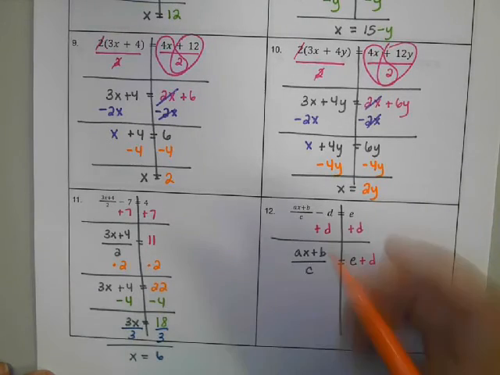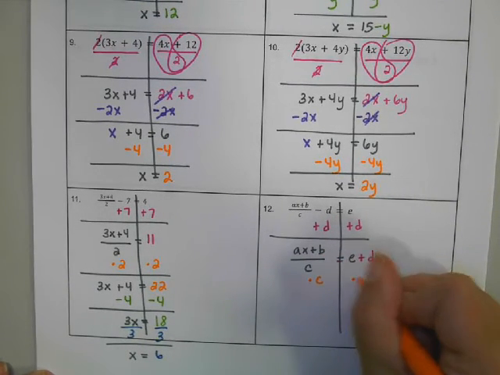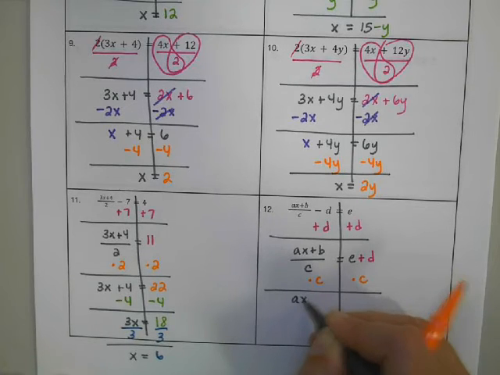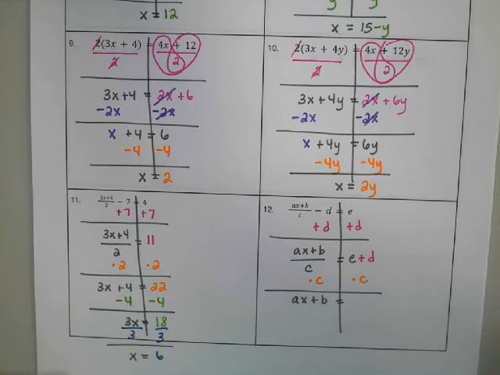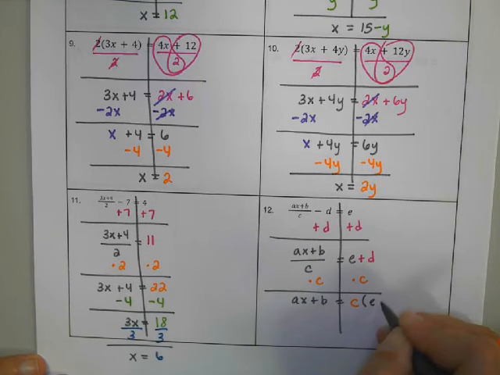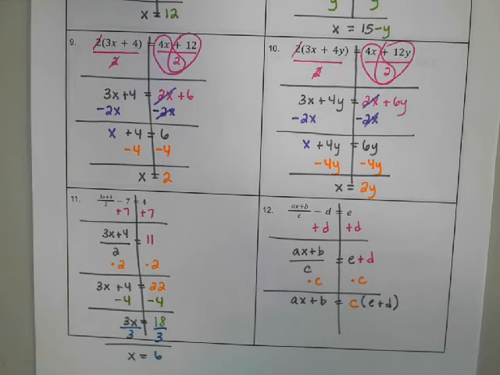So over here, the next step would be to multiply by c. So I'm going to get ax plus b equals, now again, I don't know any of these numbers, so I'm just going to write c and then parentheses e plus d to show that I'm multiplying everything by c.